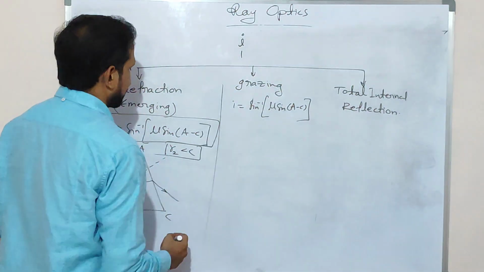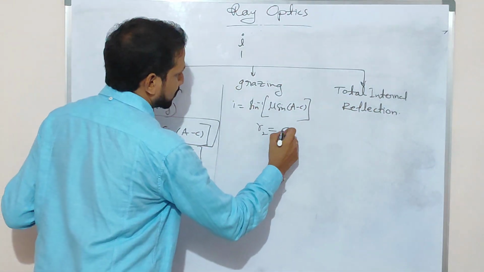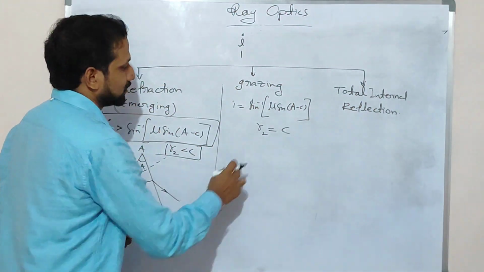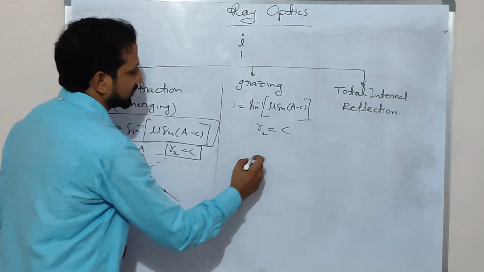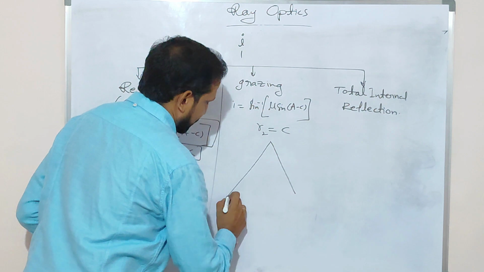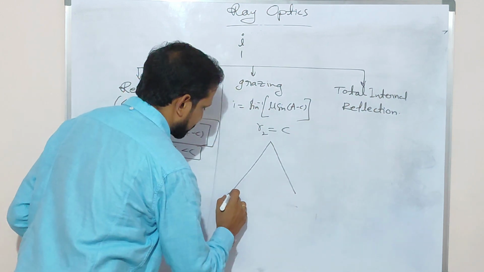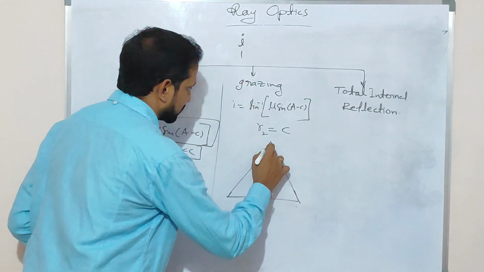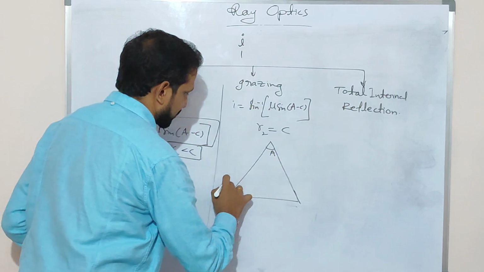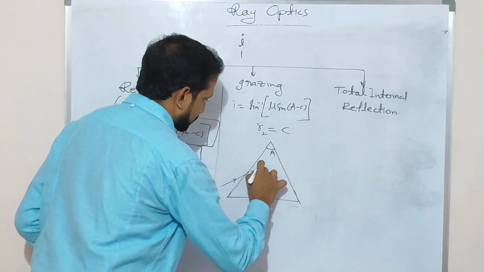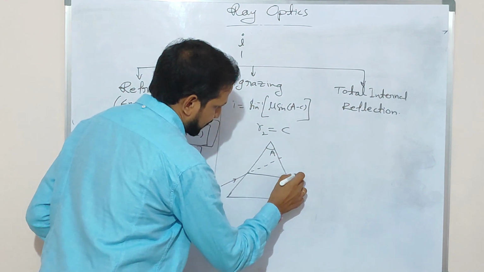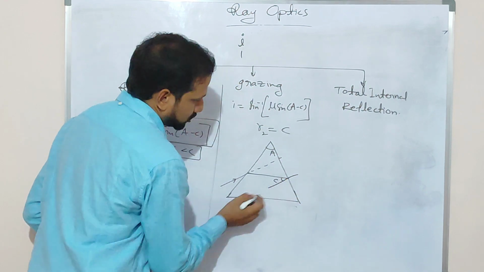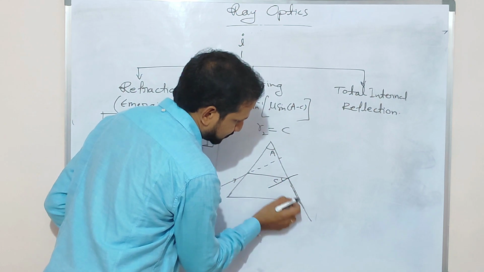Grazing: when the angle of incidence is exactly equal to sine inverse of mu sin (A minus C), in this case R2 will become equal to C. If R2 is C, then the refracted ray will graze the AC surface. This is the angle of prism A. The actual path is this, then it is incident at an angle C, so that it will graze the AC surface.